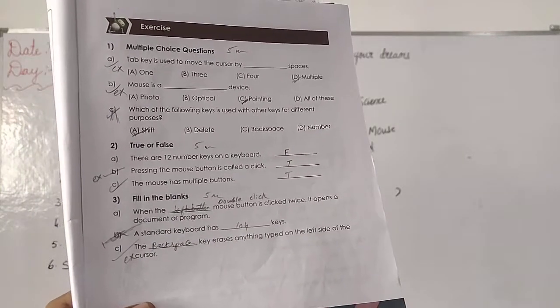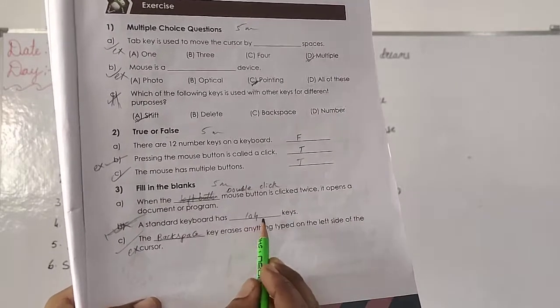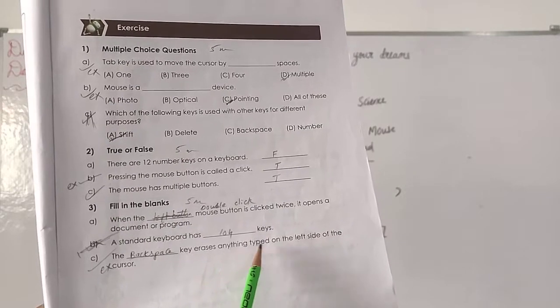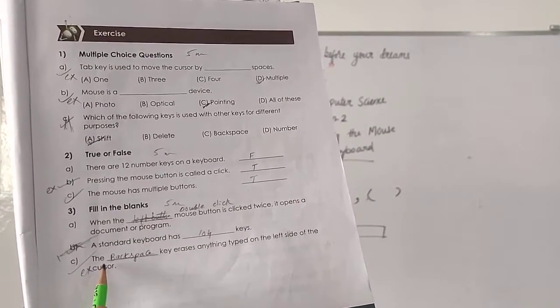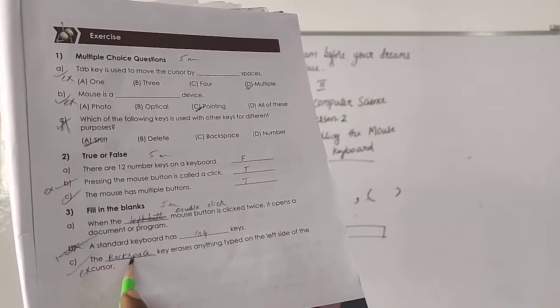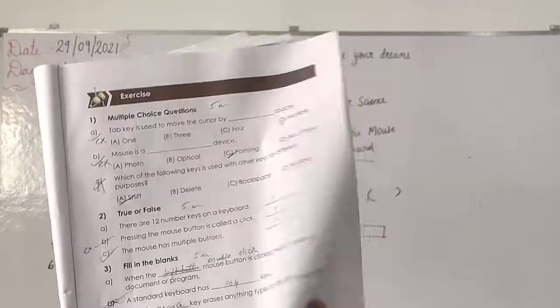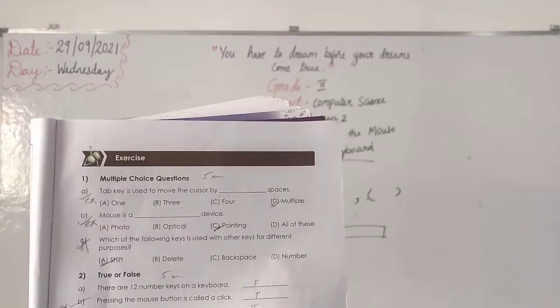How many keys do we have on the keyboard? 104. The backspace key erases anything typed on the left side of the cursor. Write down backspace, B-A-C-K-S-P-A-C-E.